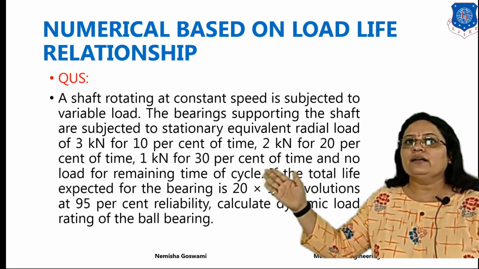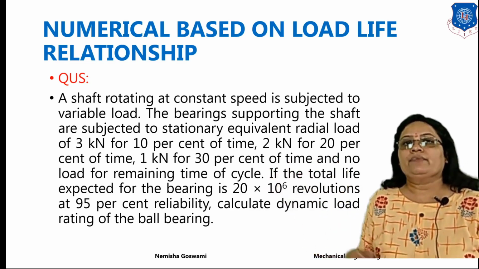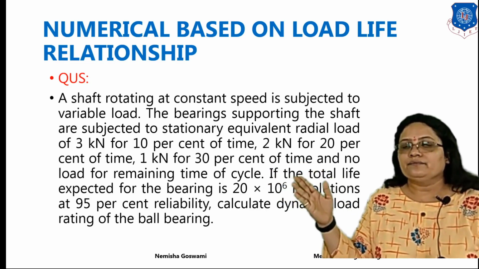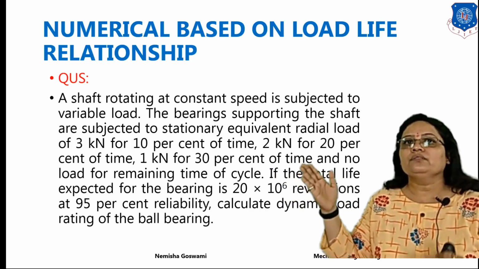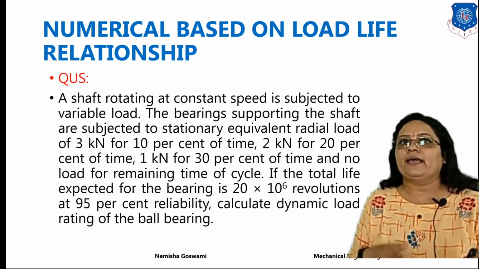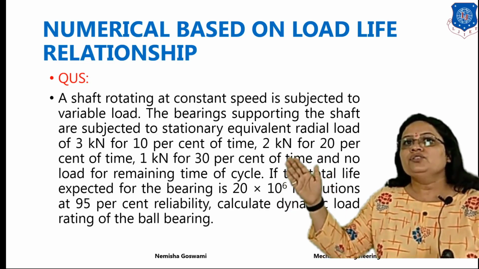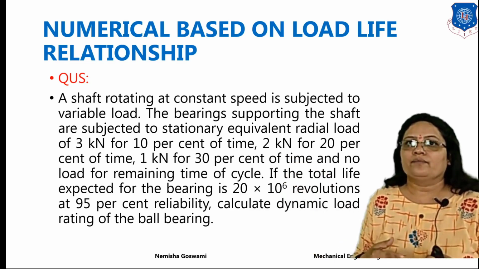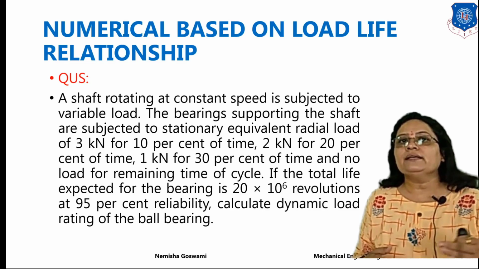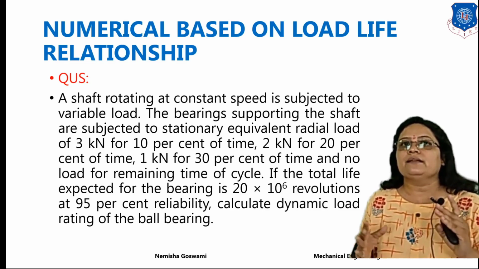Similarly, 1 kilonewton for 30% of time. So W3 is equal to 1 kilonewton and N3 is equal to 30% of time, meaning 30 divided by 100 of N, so you will get 0.3 N, okay? And no load for the remaining time of the cycle, meaning the time we are considering, N, right?